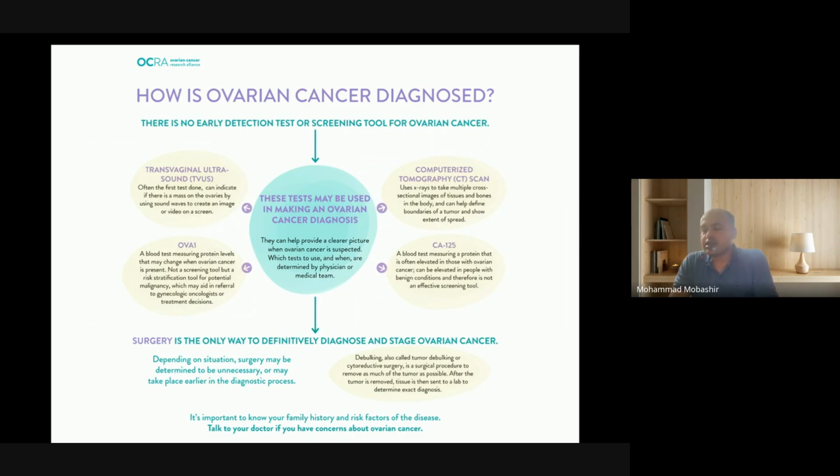So the ultimate way of treatment in case of ovarian cancer is surgery. Depending on the situation, surgery may be determined to be unnecessary or may take place earlier in the diagnostic process.